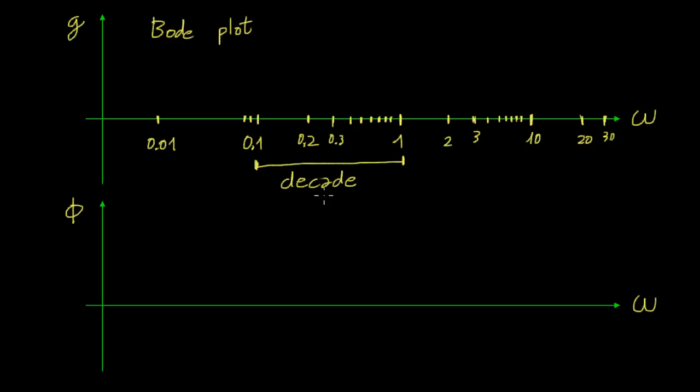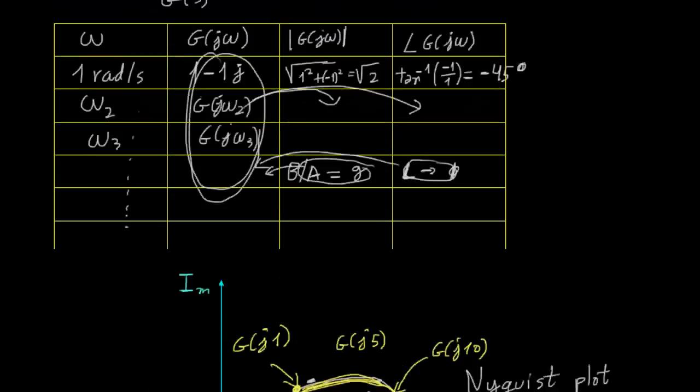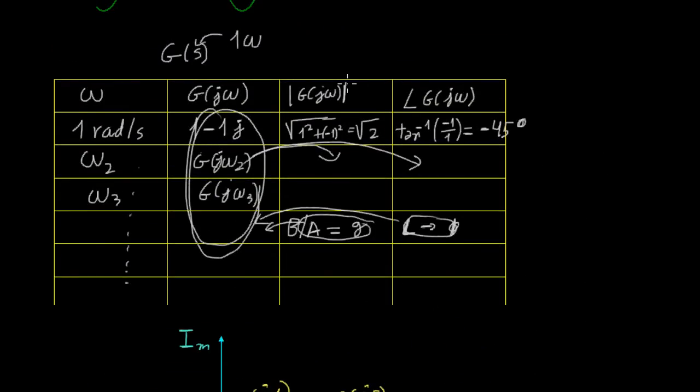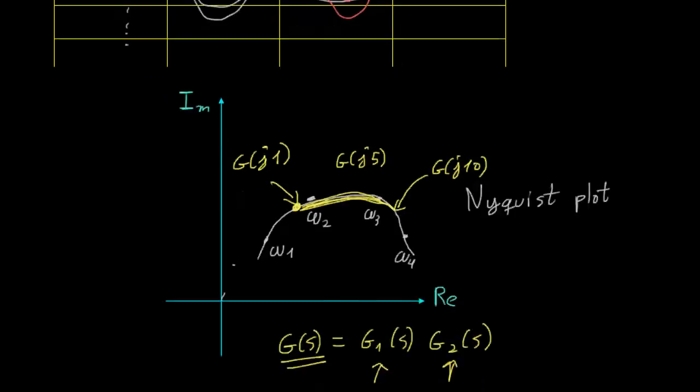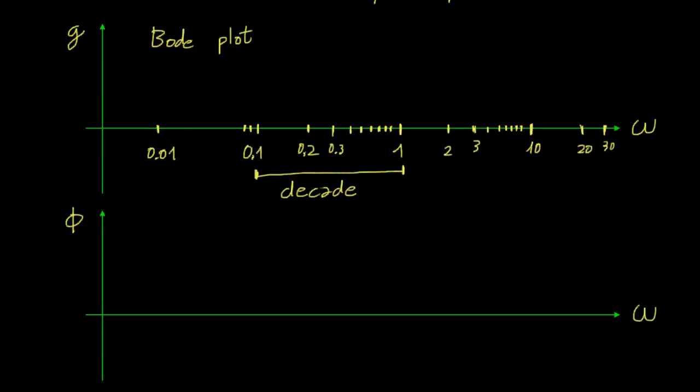So according to all this, we have to put in the top graph the values of the third column of the table. These values, the gain, the magnitude of the complex number, go here at each corresponding frequency.